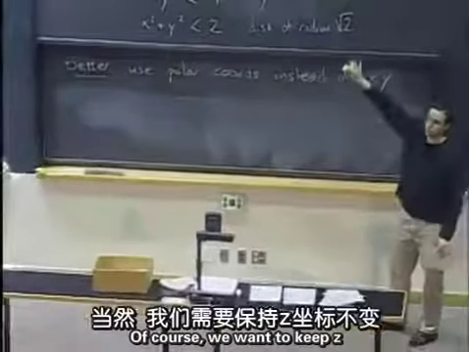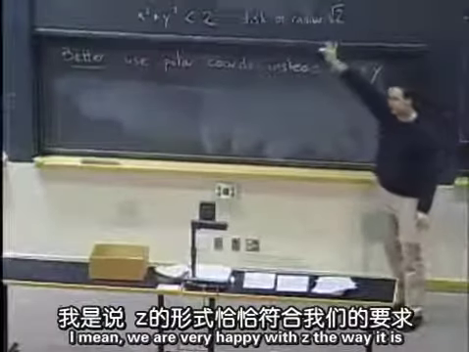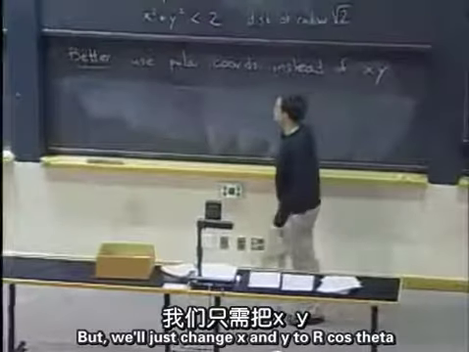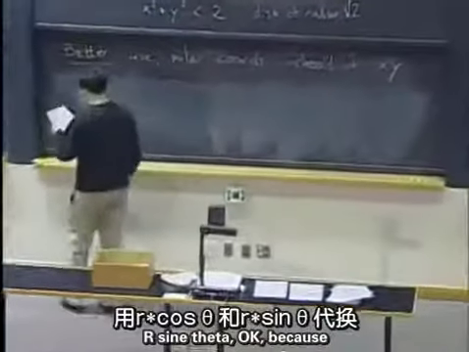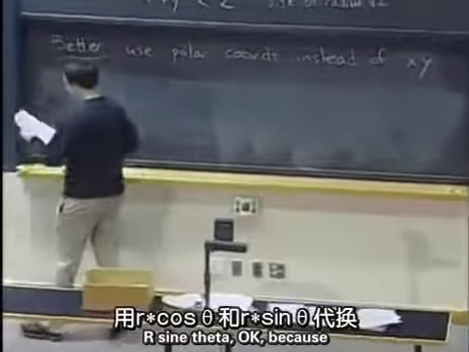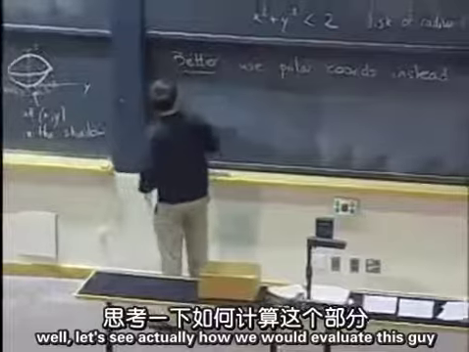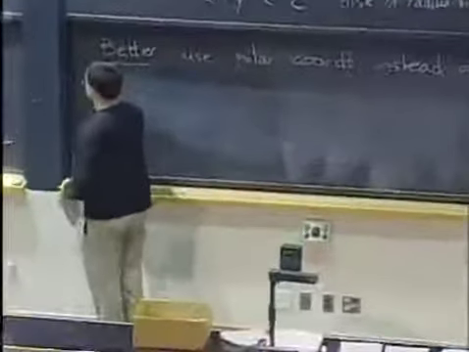And of course, we want to keep z. I mean, we're very happy with z the way it is. But we'll just change x and y to r cos theta, r sin theta. Because, let's see how we would evaluate this.